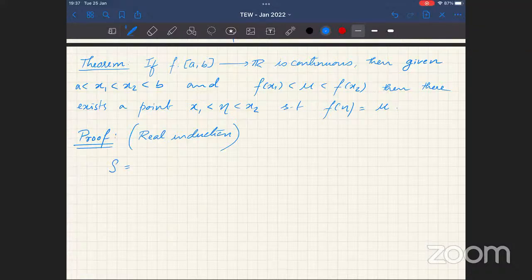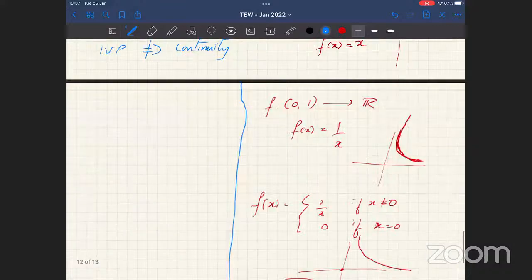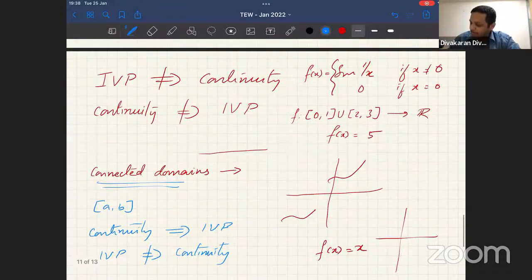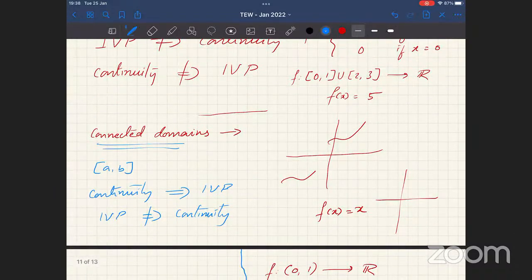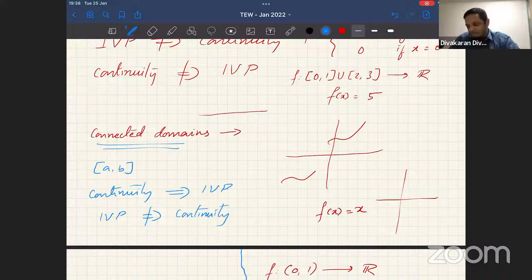Sorry, sir. Can you please go back to the slide where you gave the example of a function that is continuous but does not have the IVP? Sine 1 by x, yes, this one. If we follow the definition of IVP that you wrote in the last slide, does this example work or not? I think this will not work.